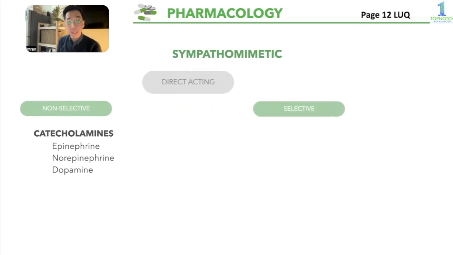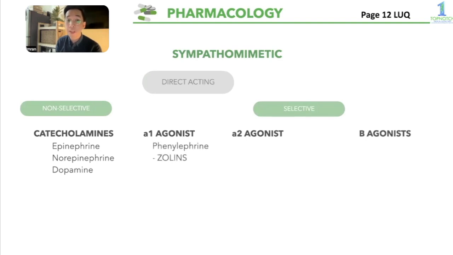Punta naman tayo sa ating alpha-1 agonist. Selective na tayo ha. Your alpha-1 agonist will involve yung mga pangsipon, ito yung mga phenylephrine, yung mga zolines, para sa sipon.